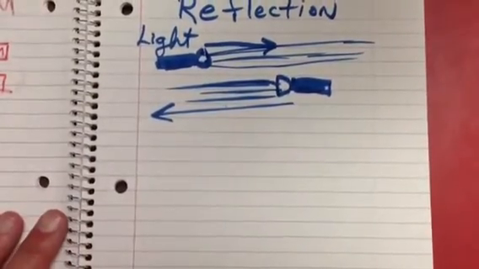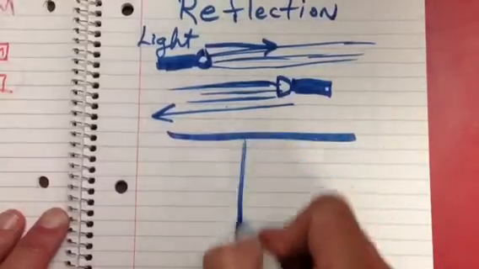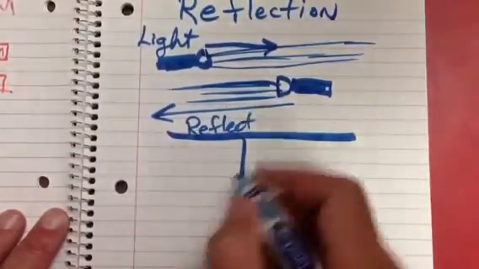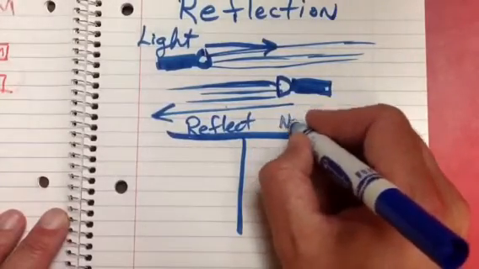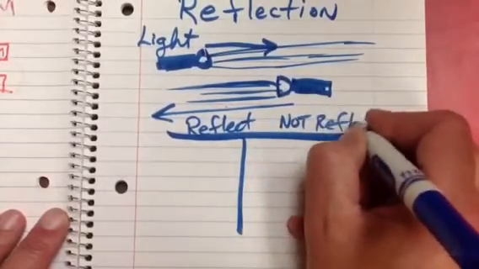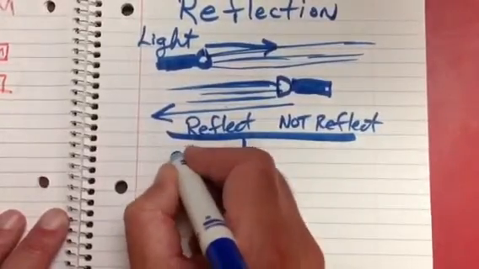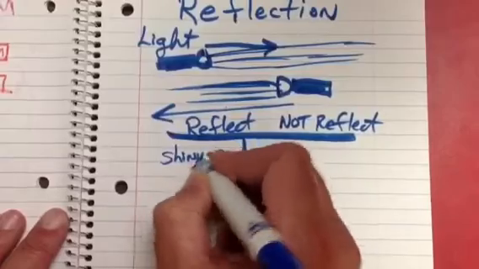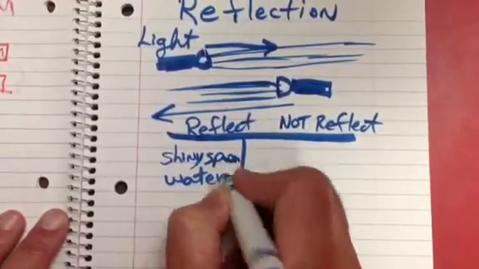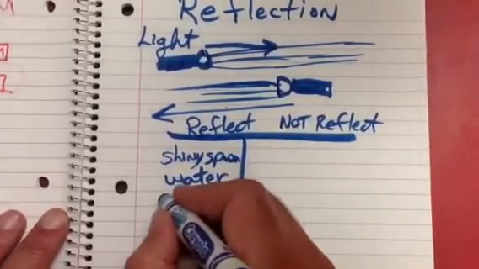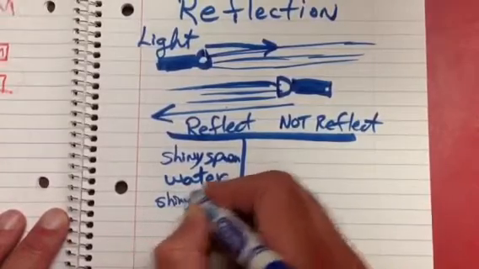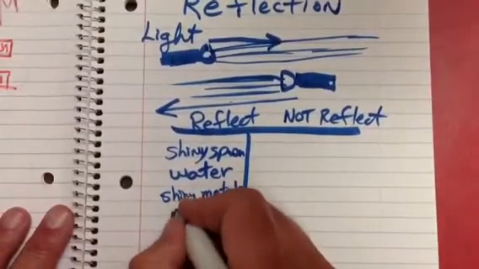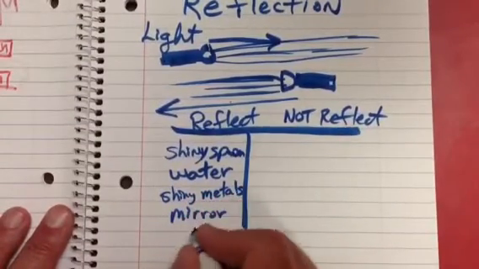We tested many different items for reflecting of light also, and we found out many different types of items reflect, while some do not reflect, such as the shiny spoon, the surface of the water that's nice and calm, a lot of shiny metals, mirrors, and the list keeps going and going.